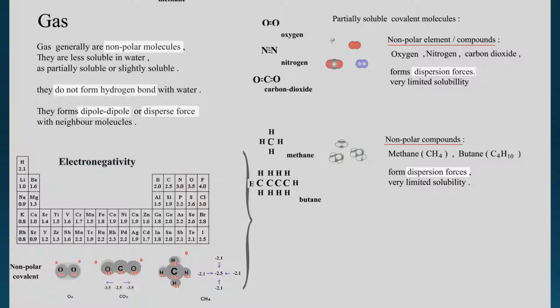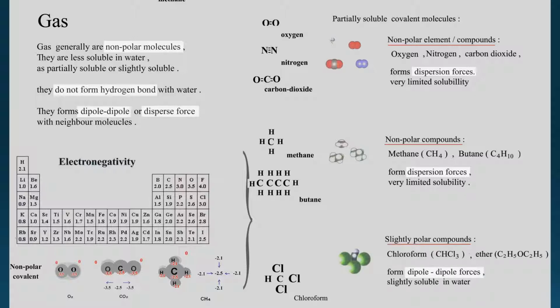Another group of non-polar substances: methane, butane. In these two examples, hydrocarbons, very symmetric electron pulling, so they form dispersion force. Again, dispersion force, so not soluble, very limited solubility.